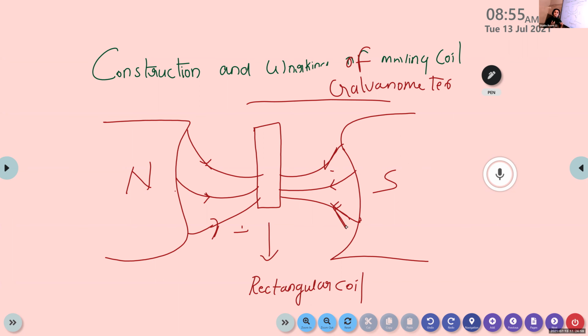When a current is passing through this rectangular coil, it undergoes a rotation, so it becomes perpendicular to the magnetic field. Then what is the angle between this rectangular coil and the magnetic field? It is 90 degrees.